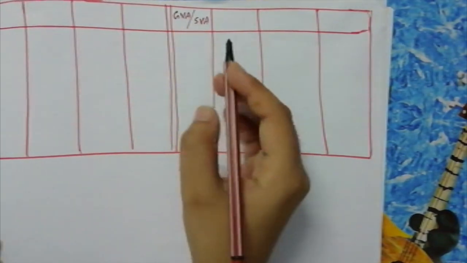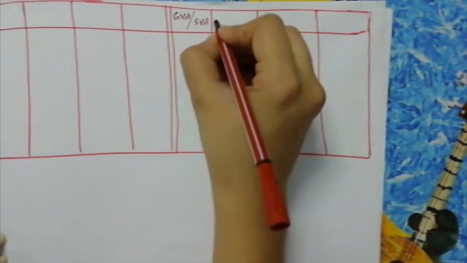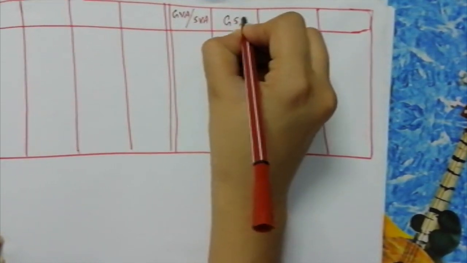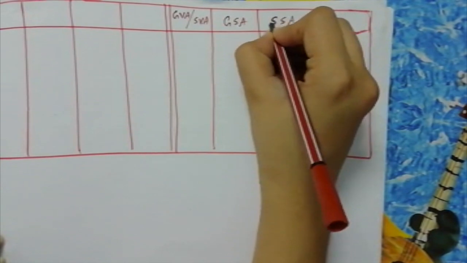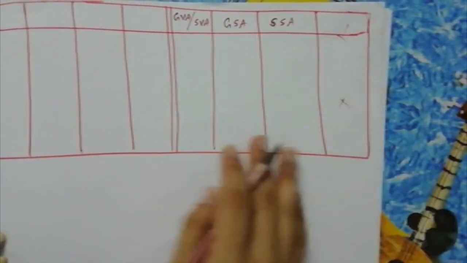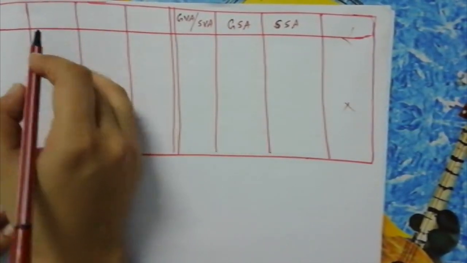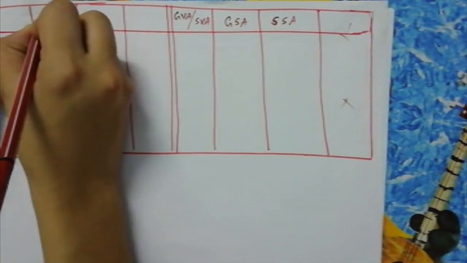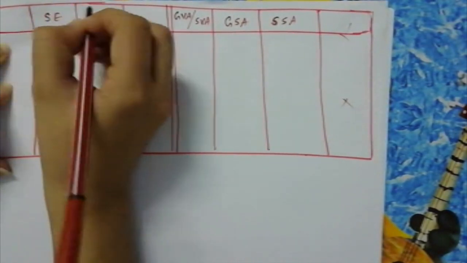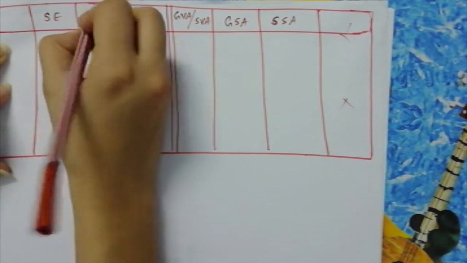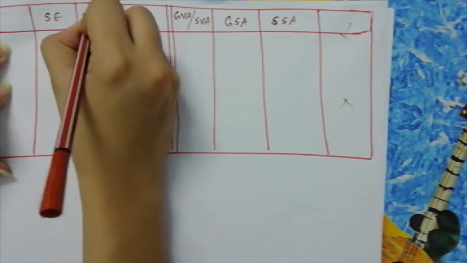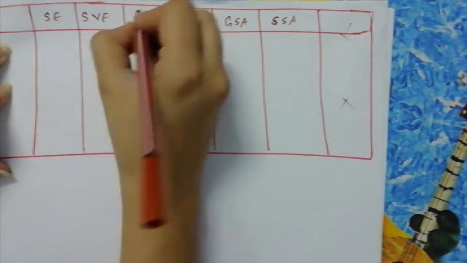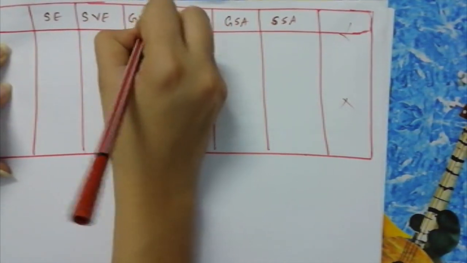Then GSA and SSA. This is extra. Fine. And now here we will write the efferent column, which is somatic efferent, special visceral efferent, and general visceral efferent.